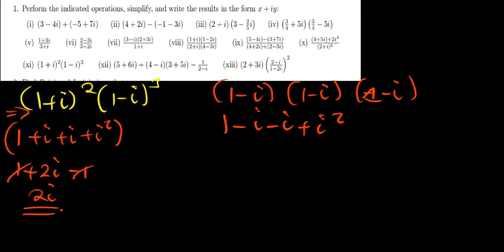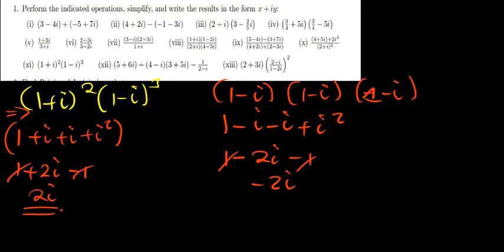So let's see what we're going to have. This is going to be 1 minus 2i, this is going to be minus 1. This and this will cancel. I'll remain with negative 2i. So now I have got negative 2i.